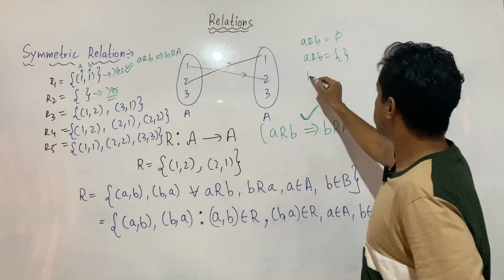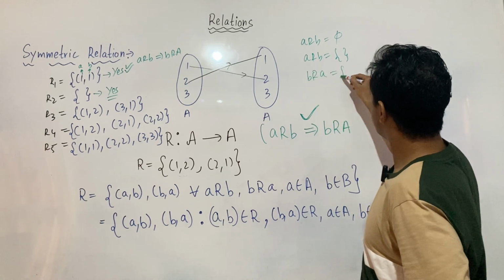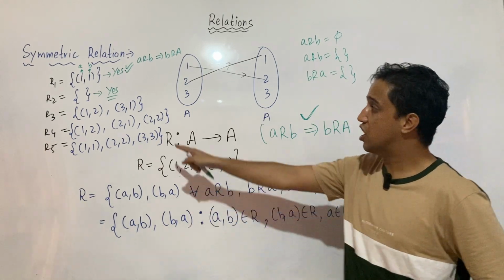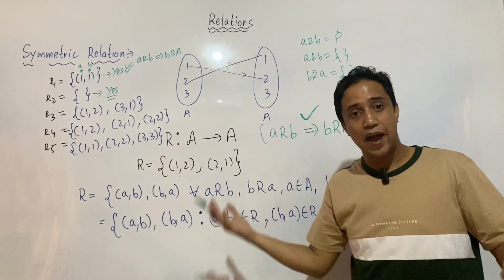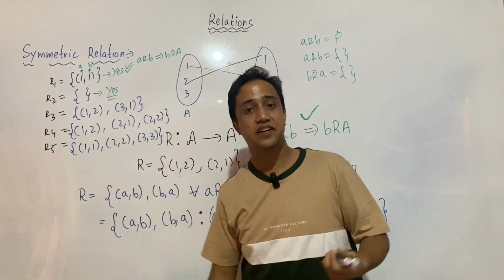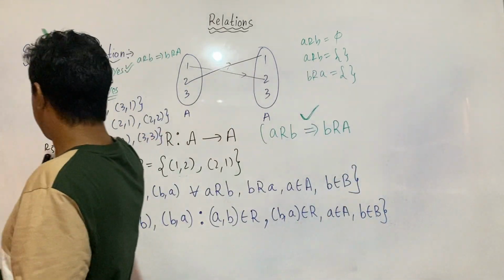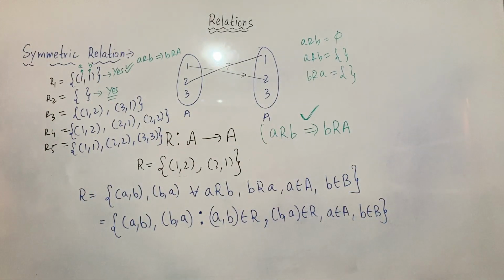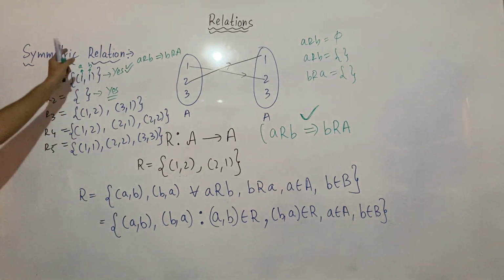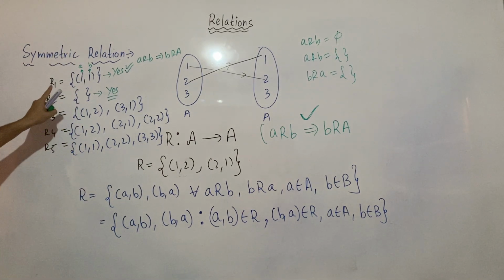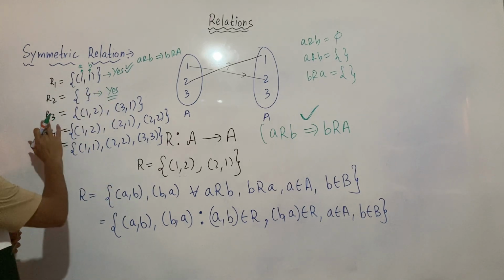So B relation A also gives you the empty set. So this means that the empty set always follows the condition of the symmetric relation. So R2 is symmetric.